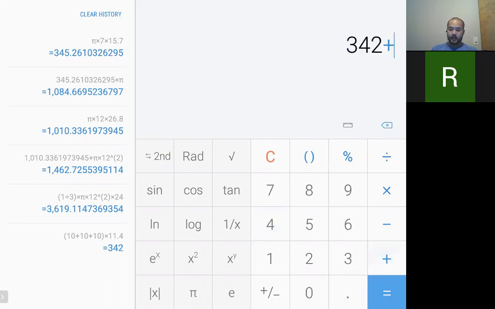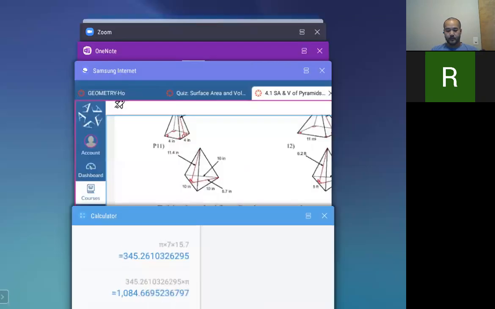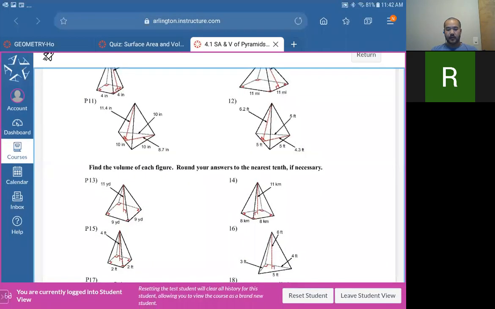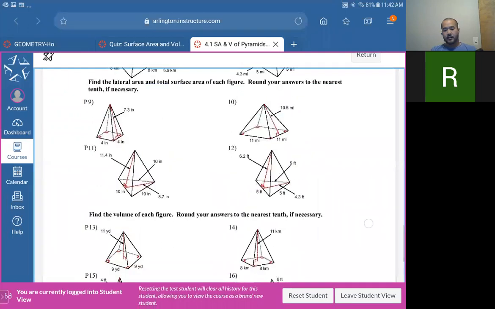Then to get the surface area, it's a triangle at the base. So the triangle is 1/2, base of the triangle is 10, the height of the triangle was 8.7. There you go. So that's the lateral area, and this is the total surface area. That was 11, sorry. Then the volume, let's do 13 for the volume.